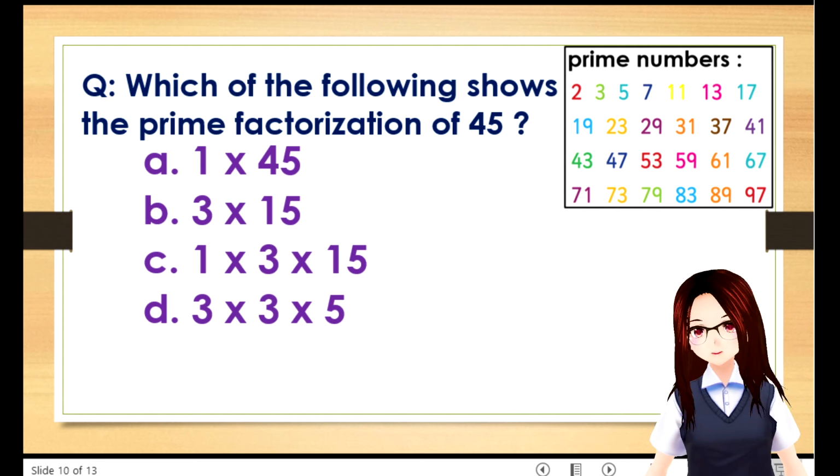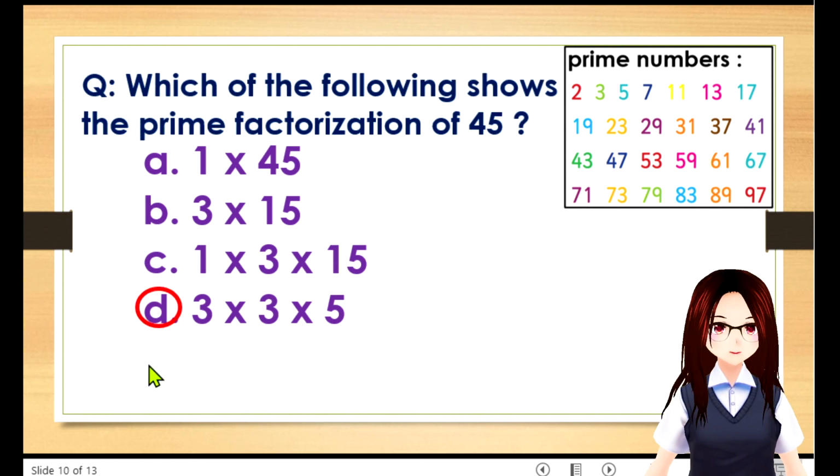Okay, time's up. The correct answer is letter D, 3 times 3 times 5.